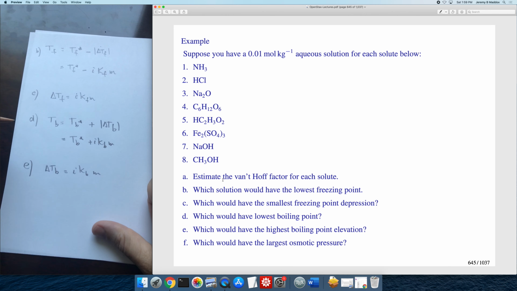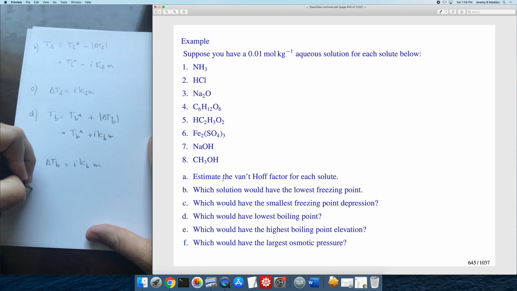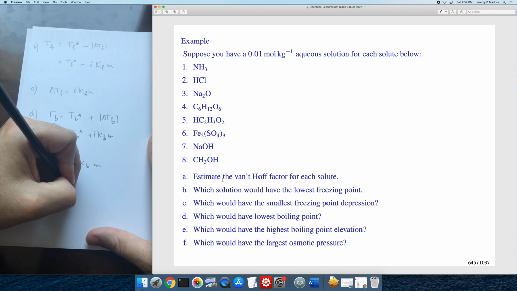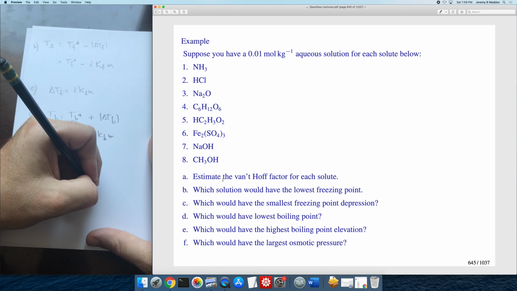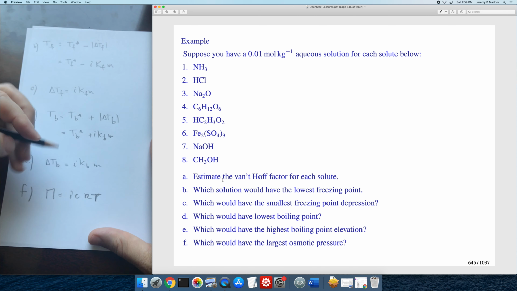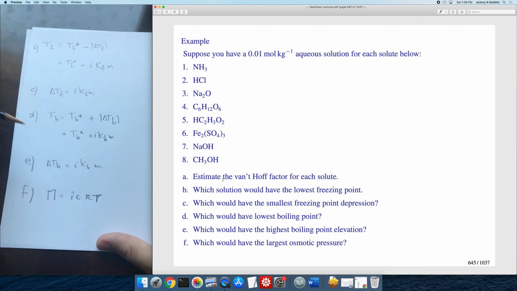Which one would have the largest osmotic pressure? You put the van 't Hoff factor in front, that's the molarity. Molarity is going to be the same for all of them. Well, maybe not quite, but close enough.